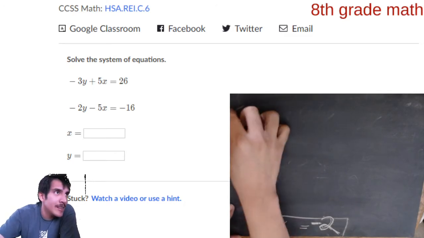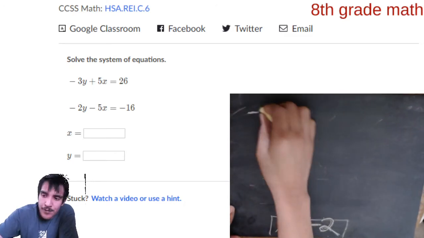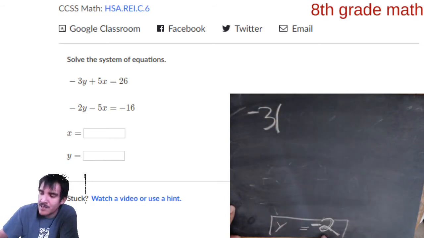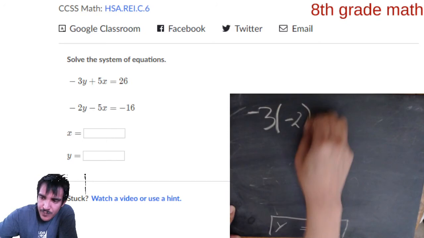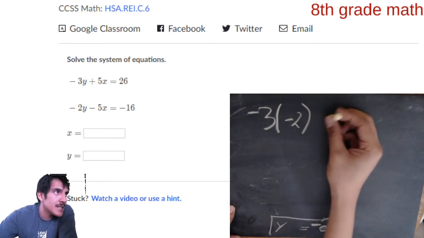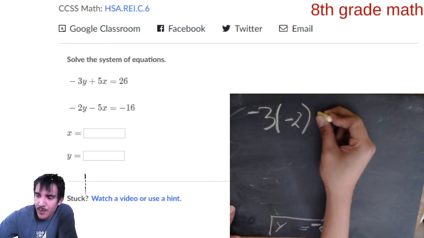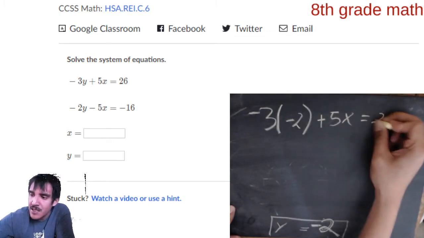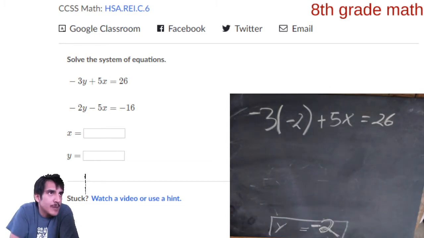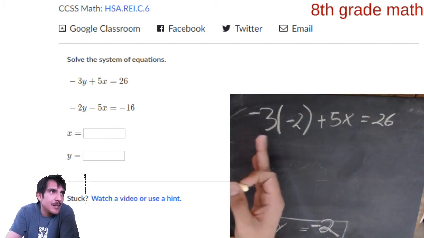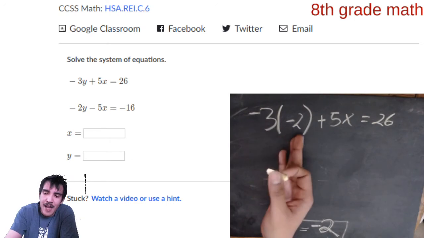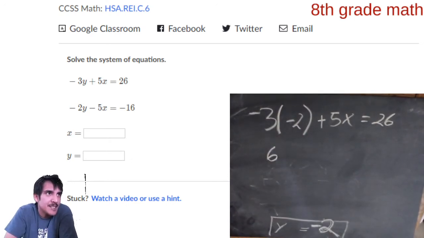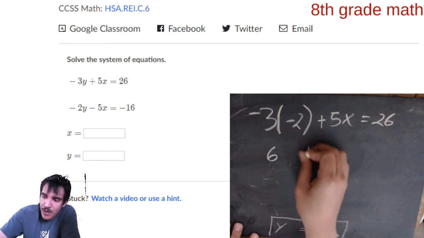So I'm going to rewrite the original equation, negative 3y, but instead of the value just y, I'm going to put in parentheses negative 2. So negative 3 times negative 2, then we have plus 5x equals 26, and let's just solve the math, and this should be pretty easy. Negative 3 times negative 2, negative times a negative, well, we are multiplying, so that makes it a positive 6. Then we drop down everything else.